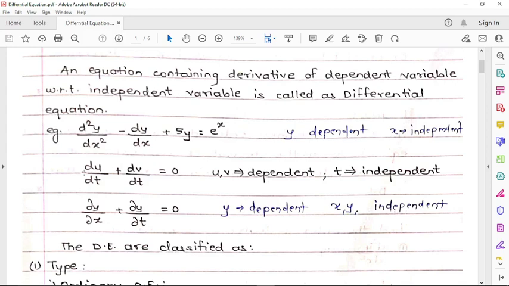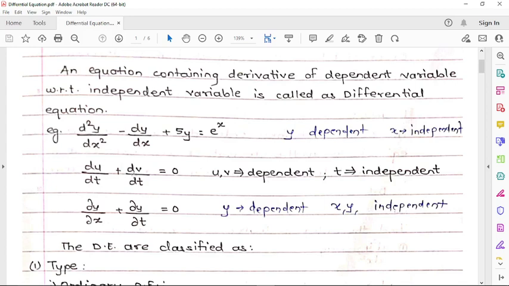Similarly, in the second example, du by dt plus dv by dt is equal to 0. This is a differential equation. Which are the dependent variables? Here u and v, two functions are present, and these two are dependent variables because they are dependent on t.